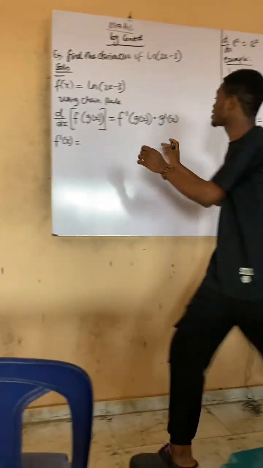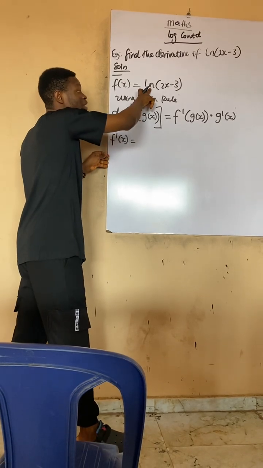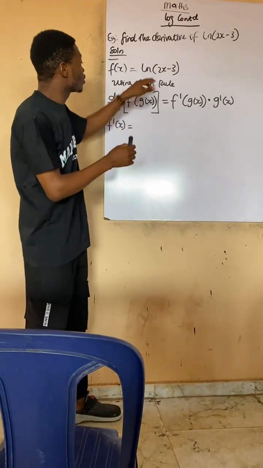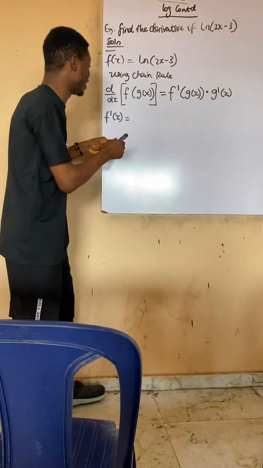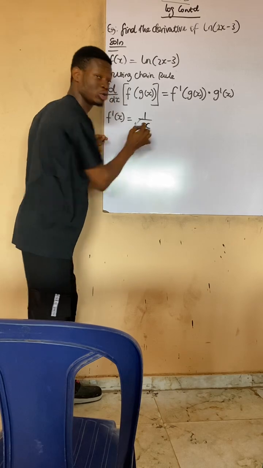So we assume all this is x. Finding the derivative of ln of x is supposed to give us 1 all over x. True or false?